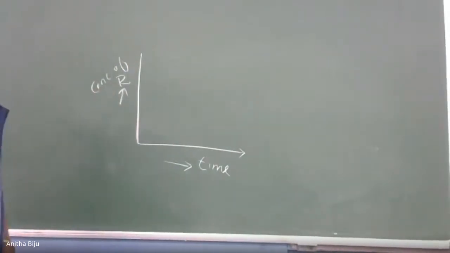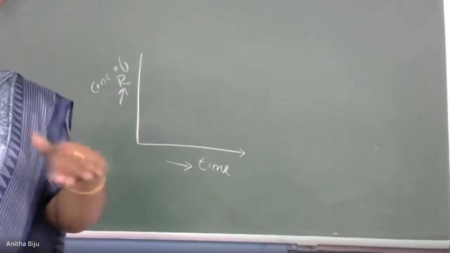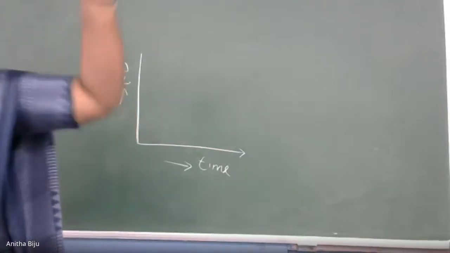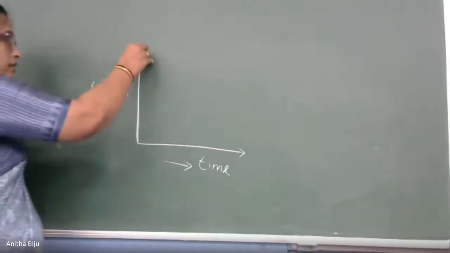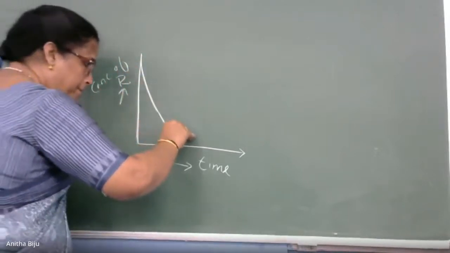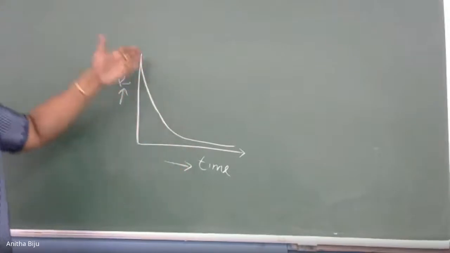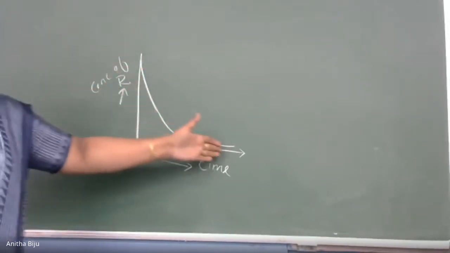You know that at the very beginning, the concentration of reactant is maximum. This is the way the concentration of reactants varies. You can see that as time goes on, the concentration keeps decreasing.